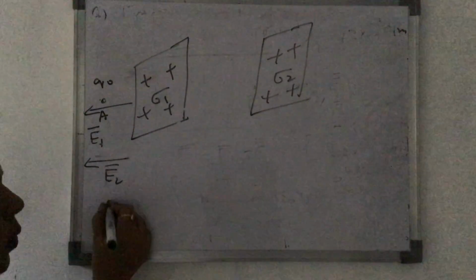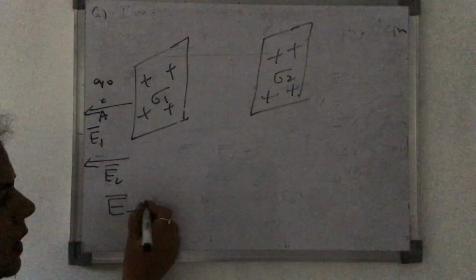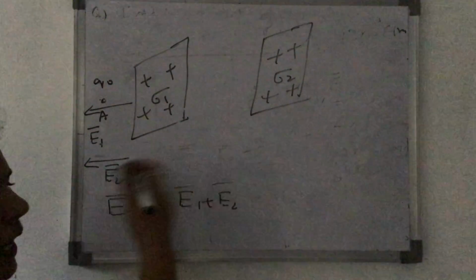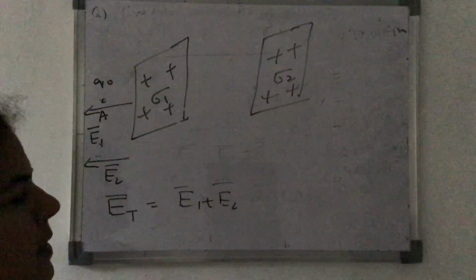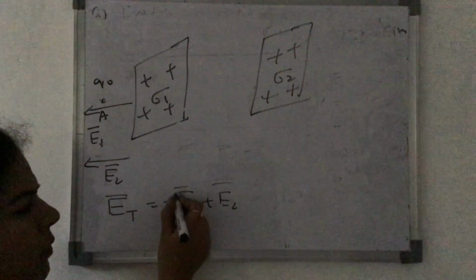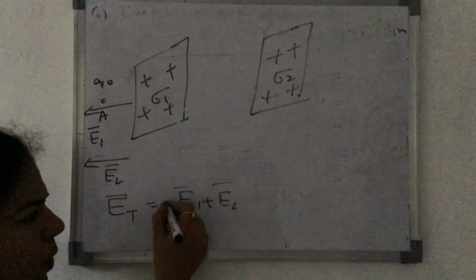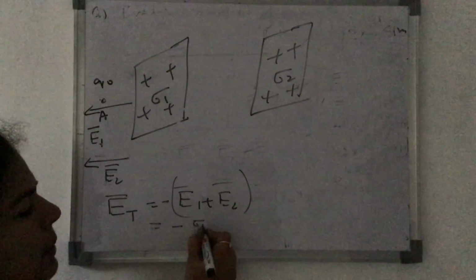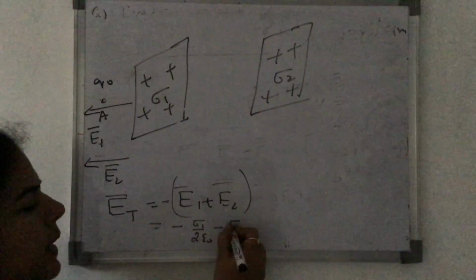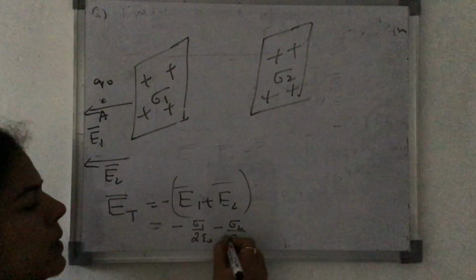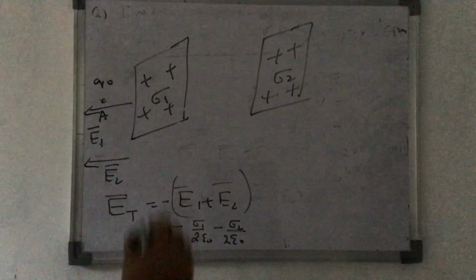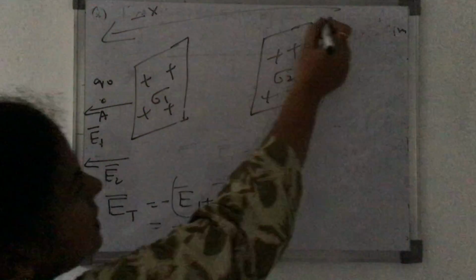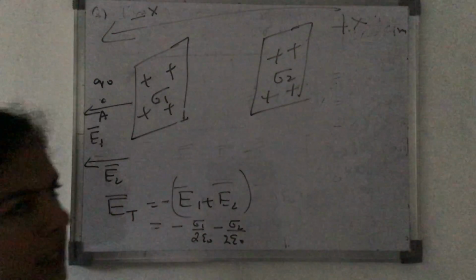That means the total electric field is E1 plus E2, along the negative x-axis. So if I take the whole value with minus, it will be good enough, क्योंकि दोनों का direction एक ही हो गया. That means minus sigma 1 by 2 epsilon naught minus sigma 2 by 2 epsilon naught. Minus इसलिए लिया क्योंकि this is the negative x-axis, this is the positive x-axis.